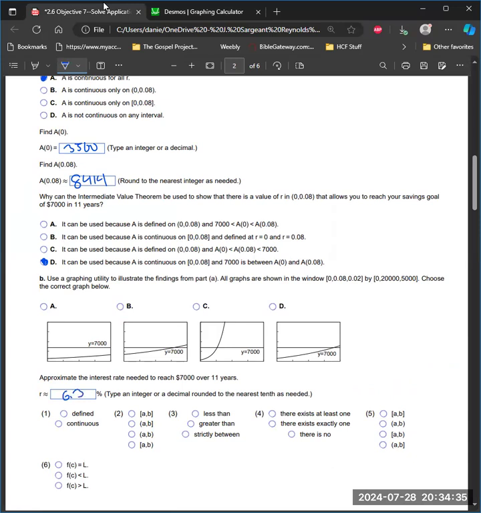And this is continuous on the interval of A to B like this, strictly between.